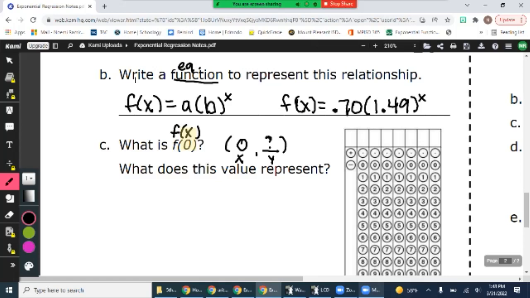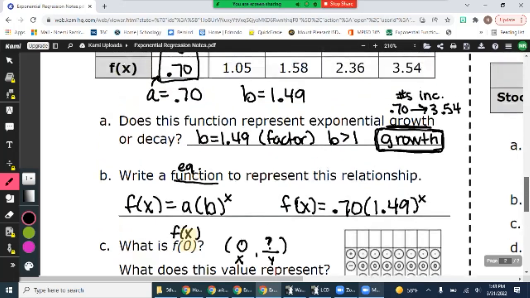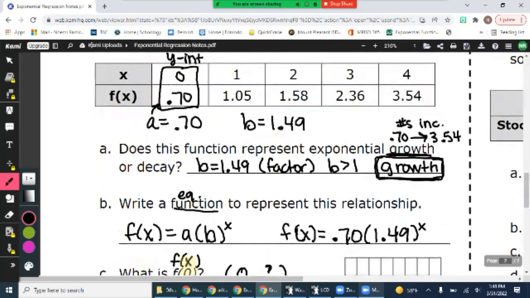Now you can use second window if you need to, but technically you do not have to. Why not? Because we already know what it is. When x is 0, that's your y-intercept. And if your y-intercept is 0.70, that's the y value.